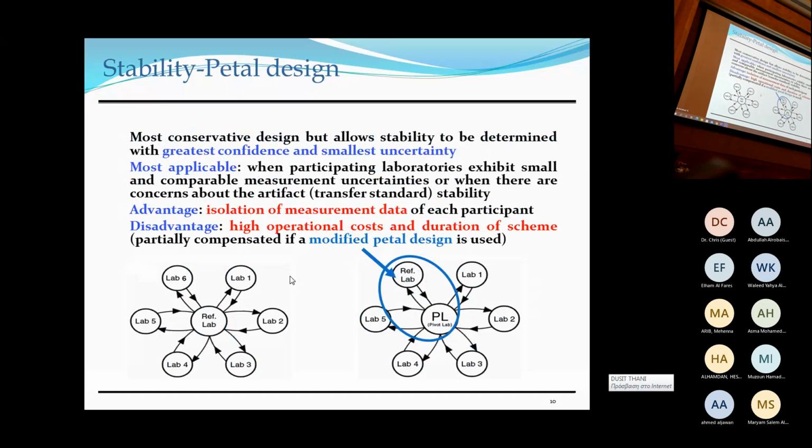So the petal design, probably something like this, where we have a reference lab and the participants, and we have the transfer standard going back and forth between each participant and the reference lab. So the advantage is that it gives the greatest confidence and the smallest uncertainty, but nothing is free. So the disadvantage is that it has high costs, and it might take forever until this PT scheme is completed.